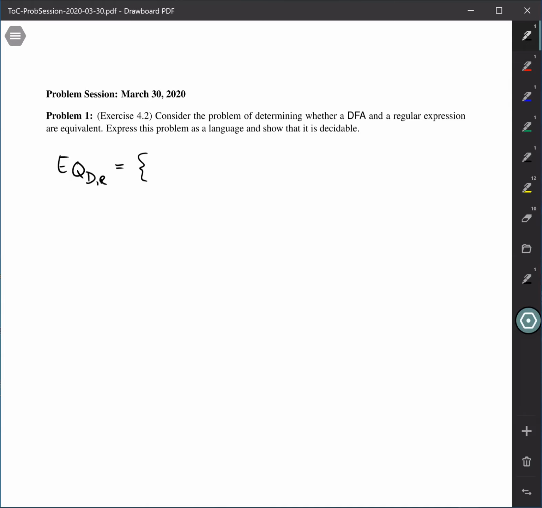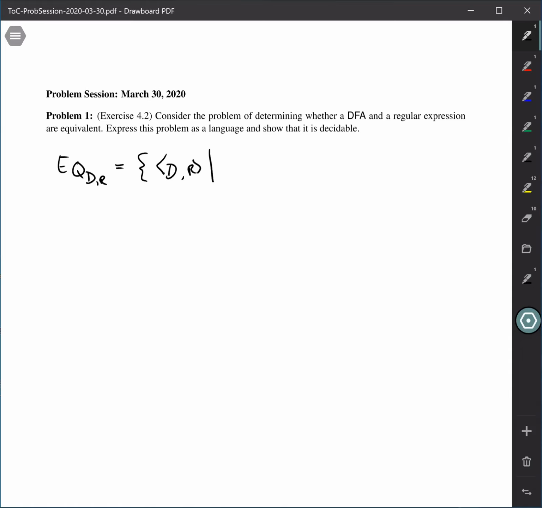So what Emily has there in the chat is exactly right. So this should be angle brackets D, R, such that. Let me clean that up.